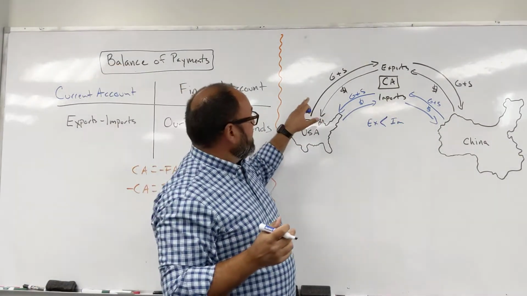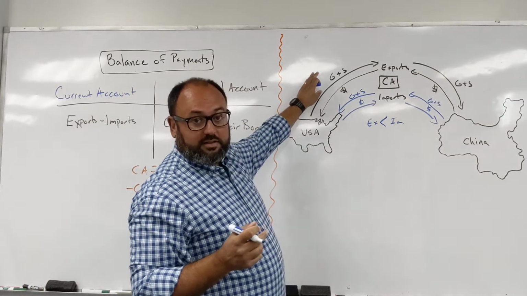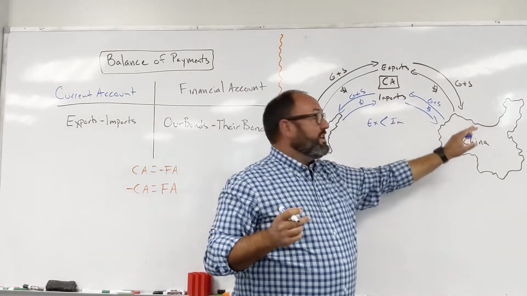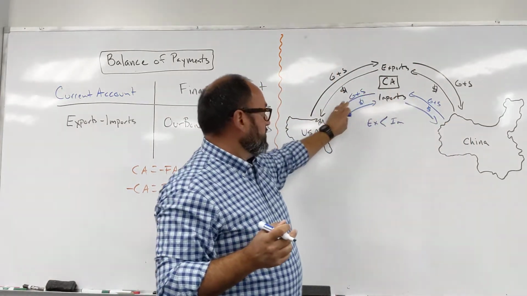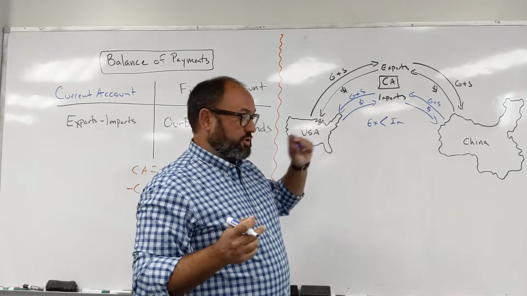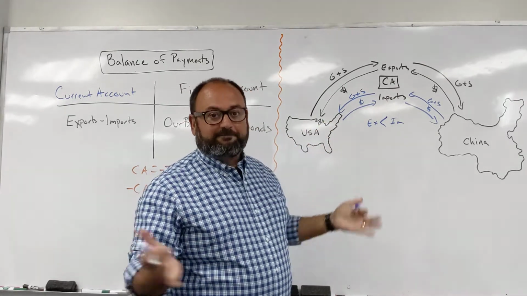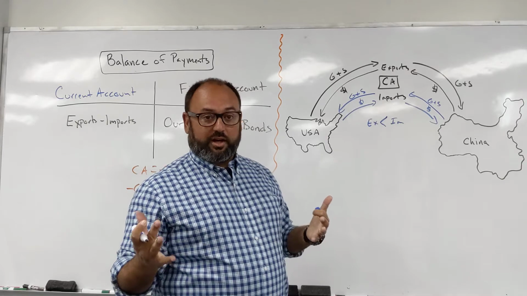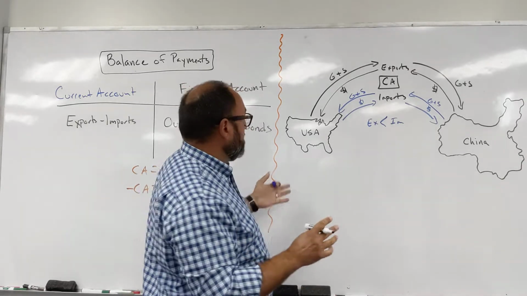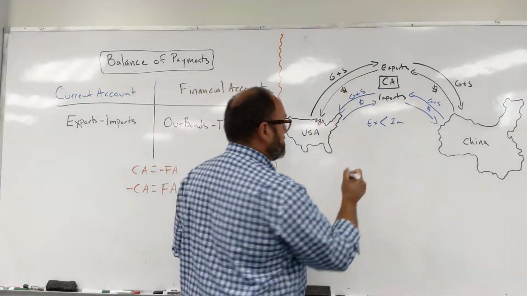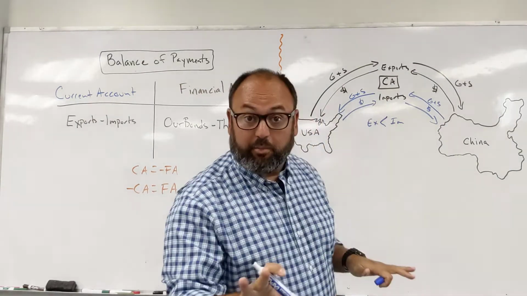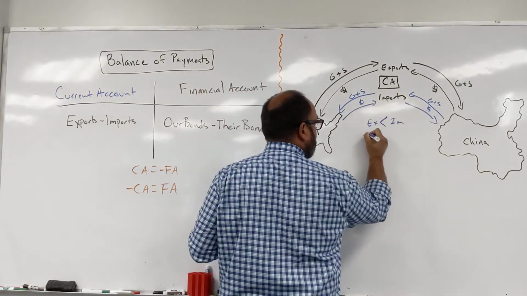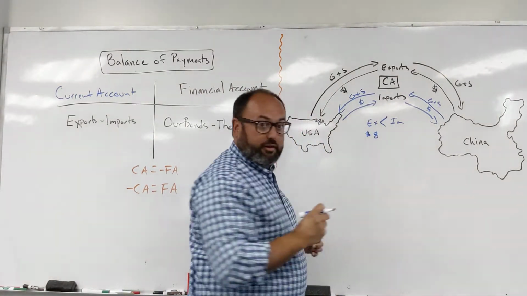So that means that the total value of the goods and services that America sells to China is less than the total value of goods and services that America purchases from China. What does this mean? It means dollars get stranded in China. How? Well, let's say that our exports are, I'm going to make up a fake number, $8.